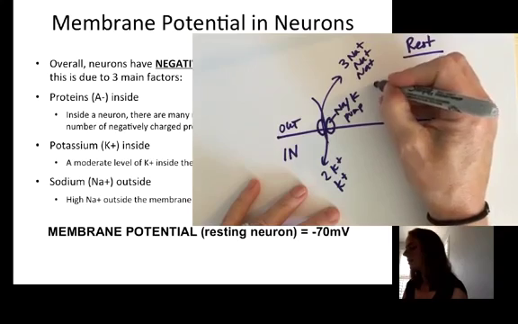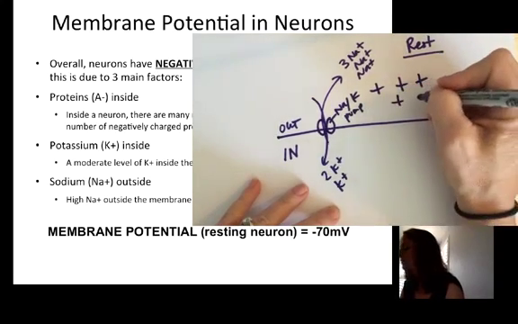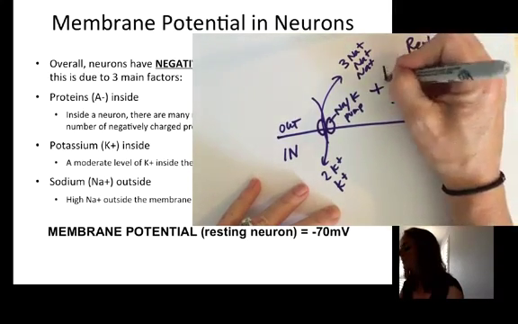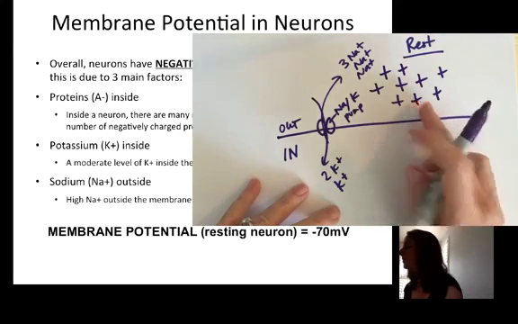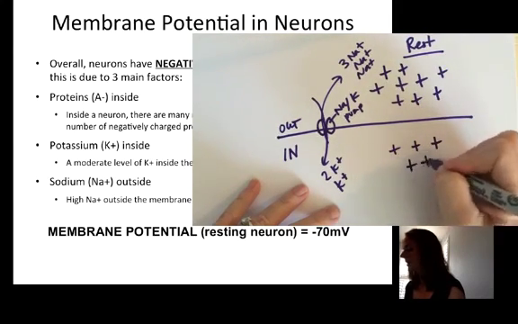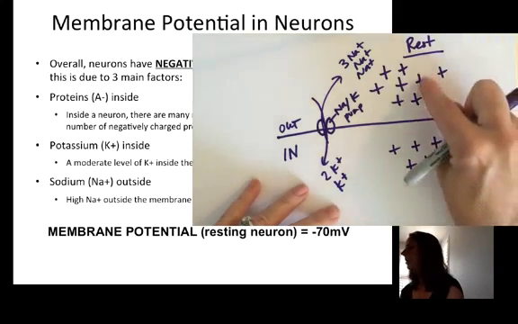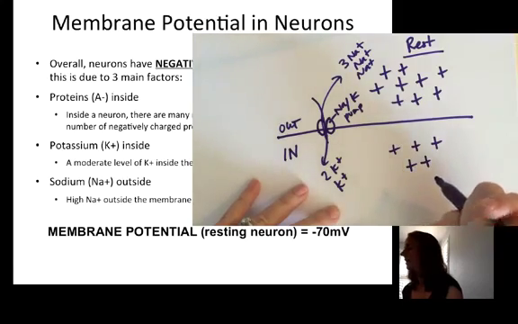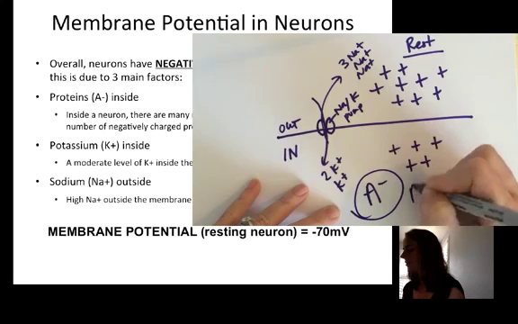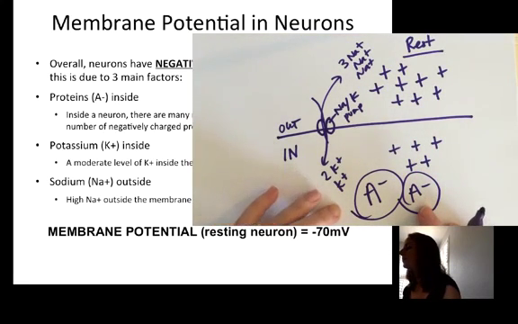What that does is create a lot of positive ions outside the cell, a little bit of positive inside the cell. In addition to this difference in positive ion balance, we also have a ton of large negative anions inside the cell.